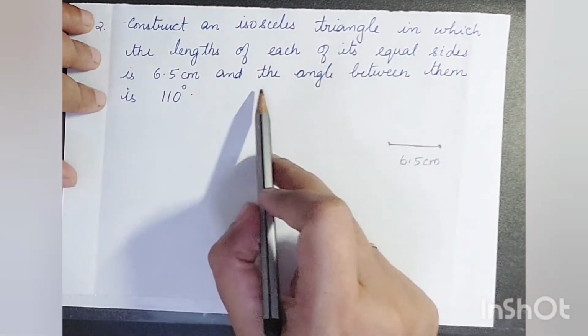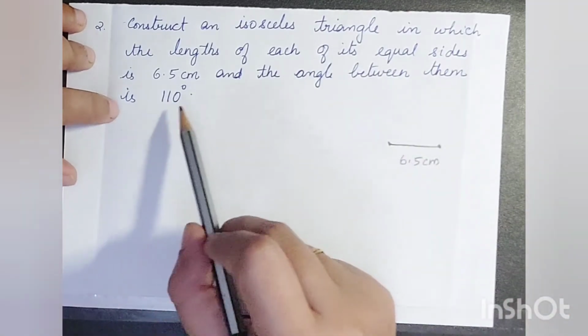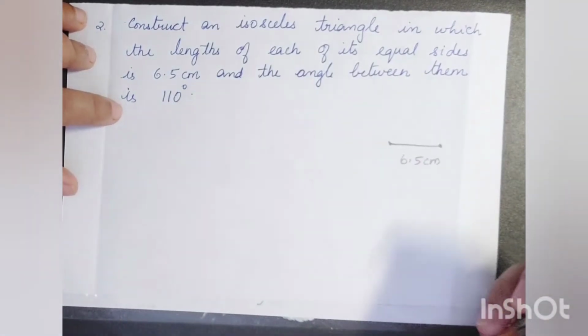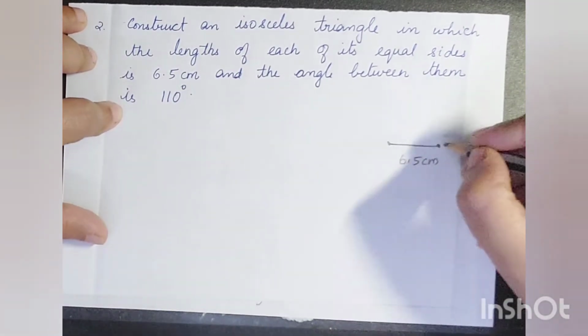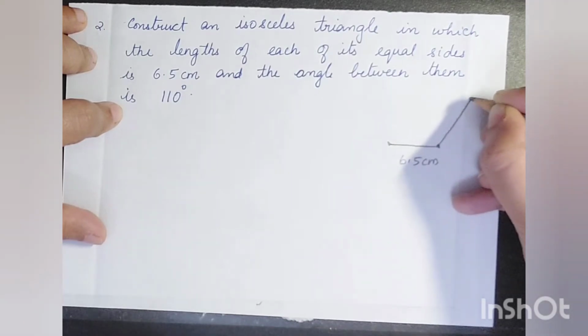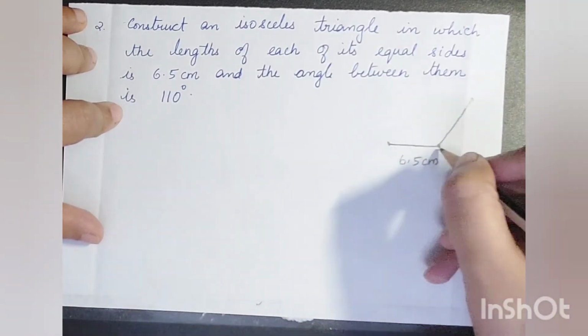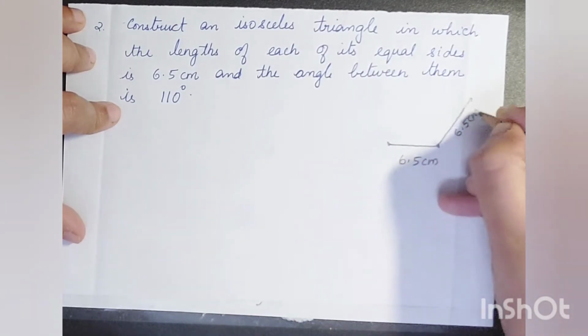Now what is the third thing which is given? The angle between them is 110 degree. So 110 is obtuse or acute angle? It is obtuse angle, right? So 110 degree will be somewhat like this. Okay. So this side and this side is 6.5 centimeter.